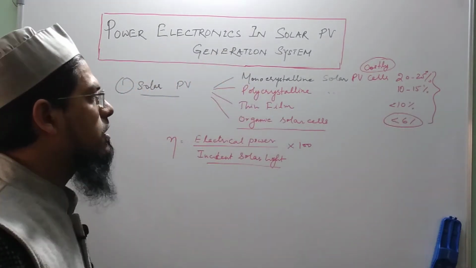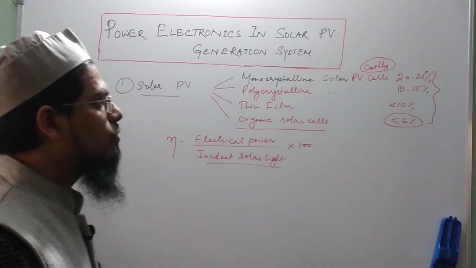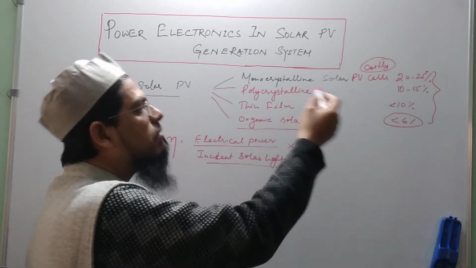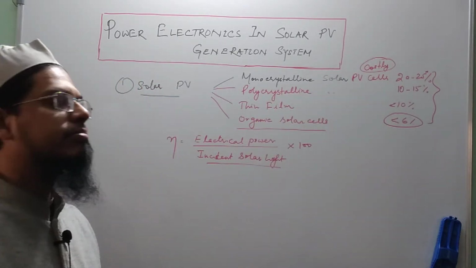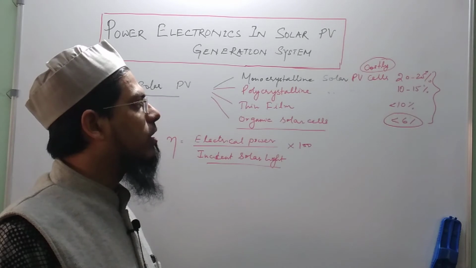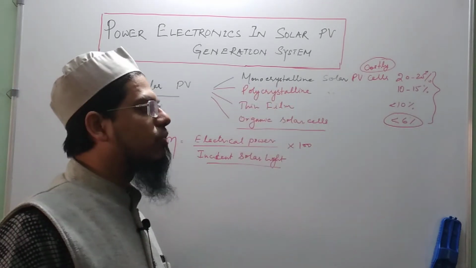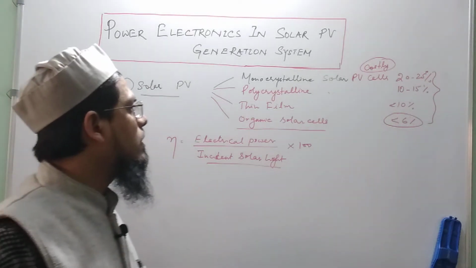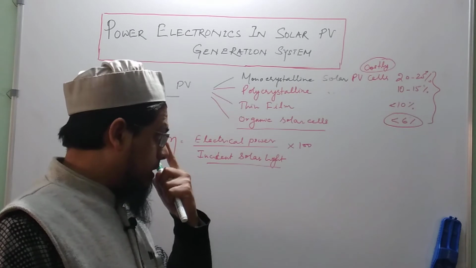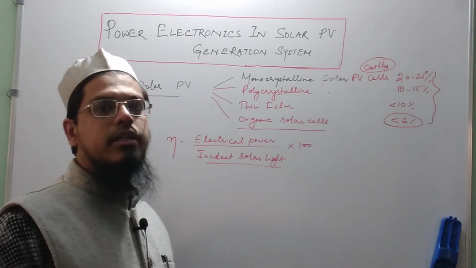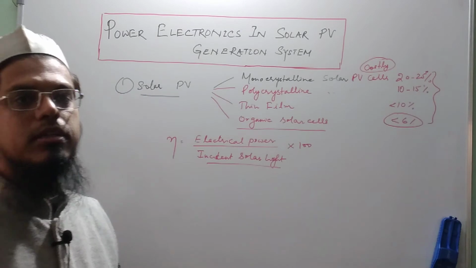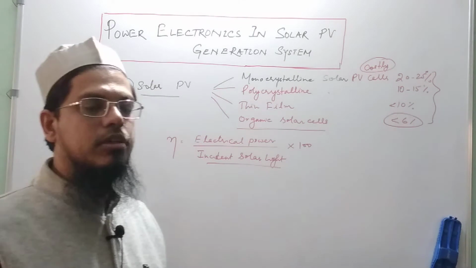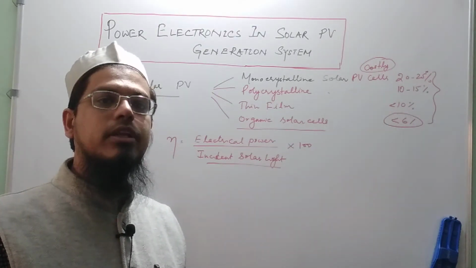researches are going on to improve the efficiency by using better materials for the construction of the cell. But if you see, the input given to the solar cell is actually free of cost. The sunlight is available free of cost, and we are getting electricity out of nothing.